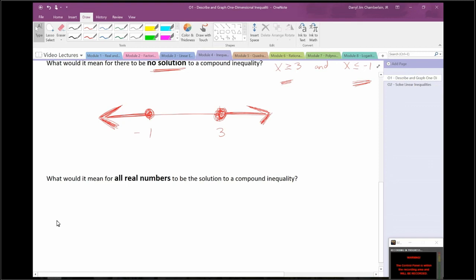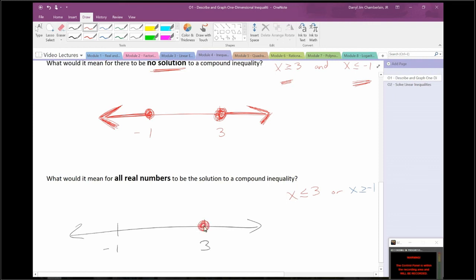Now, what would it mean for all real numbers to be the solution? Well, what if we had the same kind of situation, but we said that it was x is less than or equal to 3, or, and I'll use a different color, x is greater than or equal to negative 1. So in this case, I have my number line. I have my 2 points, negative 1 and 3.